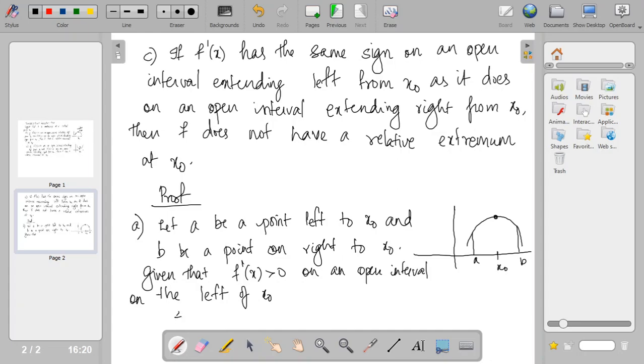So f dash of x greater than 0 implies f is increasing in the open interval A to x0.